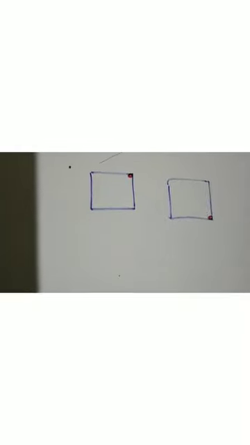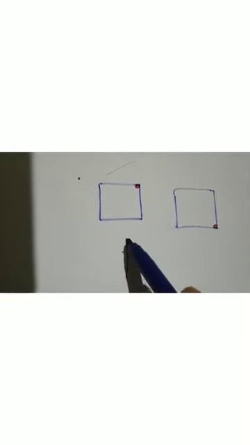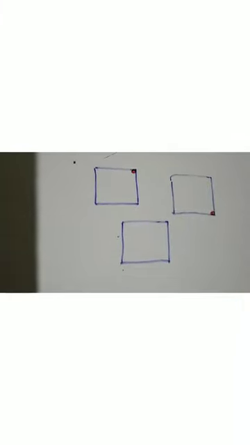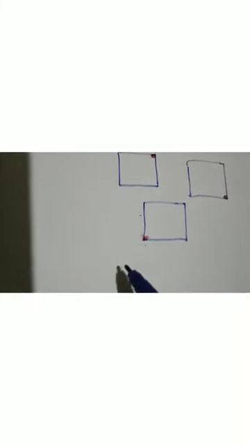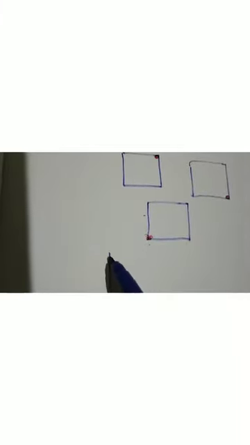Next, we are going to rotate once more. Then here will be the next position. Then again we can rotate. Rotate means we are turning this one, from here, this is the first position.